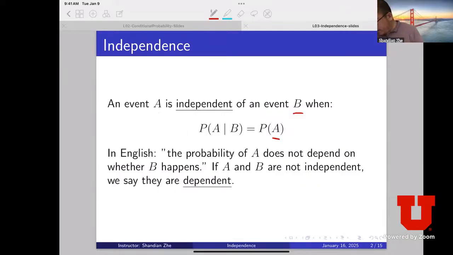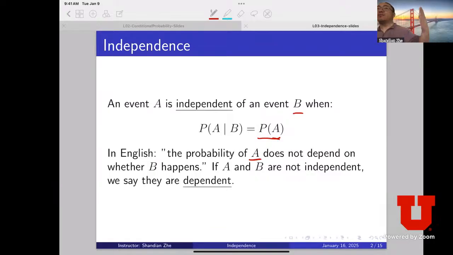the probability of A is the same as the probability of A conditional on B happening. That means A and B are independent. In plain language, the probability that A happens has nothing to do with whether B happens.